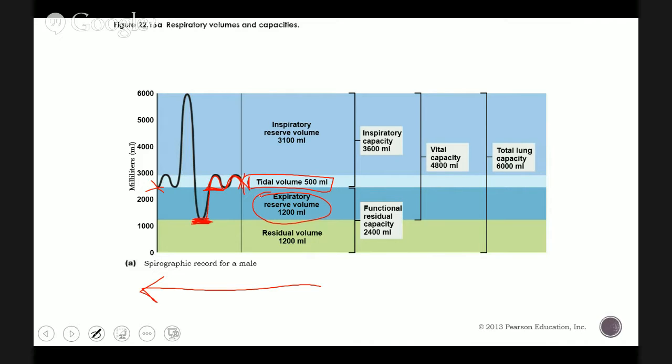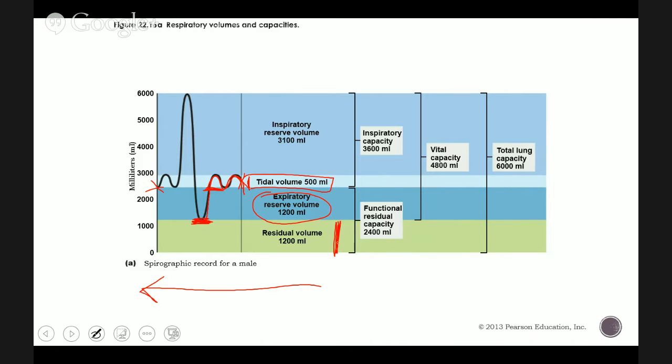However, there's still another volume here in addition to that called the residual volume, and that would be letter D. It's the amount of air that remains in the lungs after maximal forced expiration, about 1,200 milliliters. So this is why the Heimlich maneuver works.